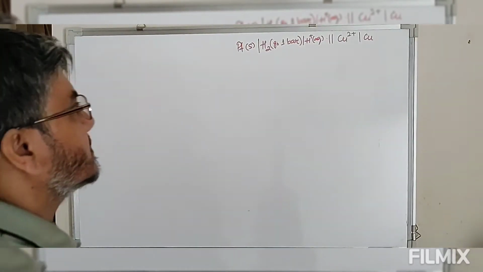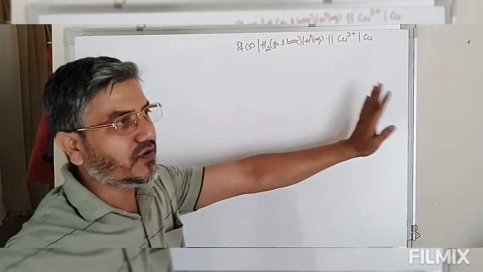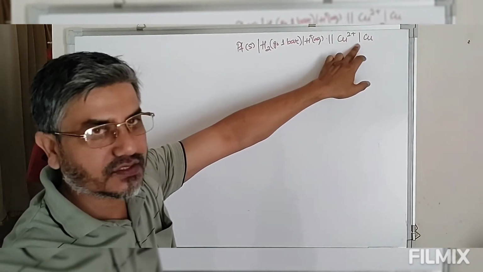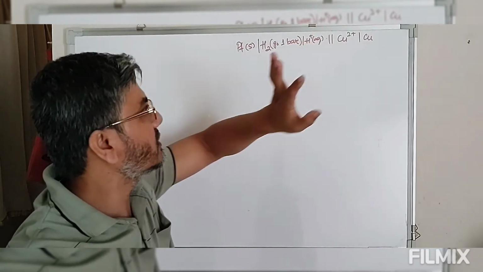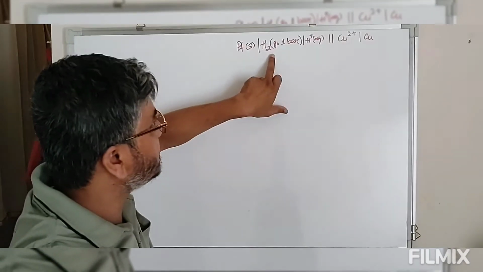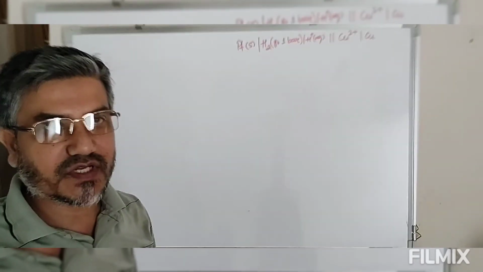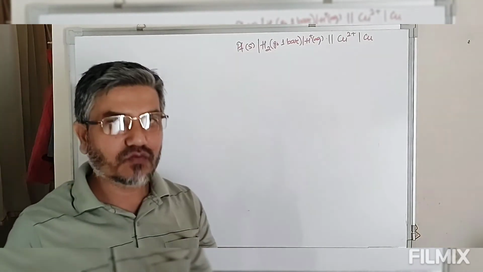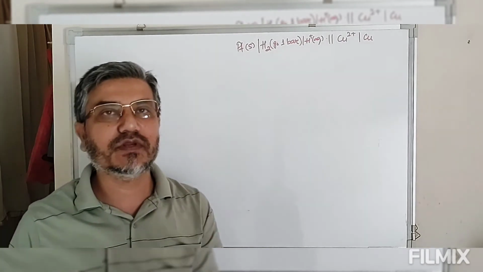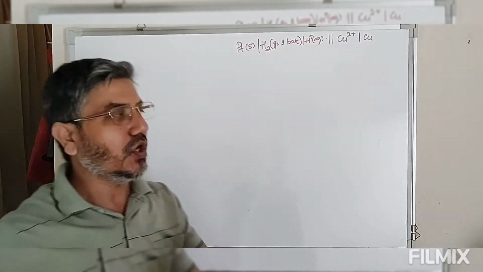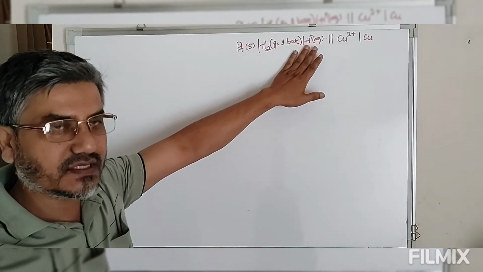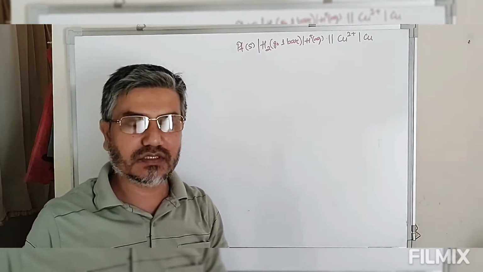Now let's look at this cell. Now in this cell we have, look at this, the reduction part, cathode, is cupric ion to copper. Oxidation part, we have, look at this, hydrogen gas in contact with H plus ion. Now whenever we have hydrogen or any gas which is involved in an electrode reaction, this gas and solution cannot be placed in the same container, meaning they cannot be in contact with each other.